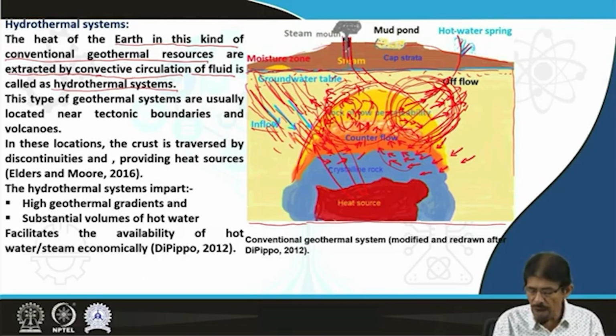This type of geothermal system is usually observed near tectonic boundaries and volcanoes.